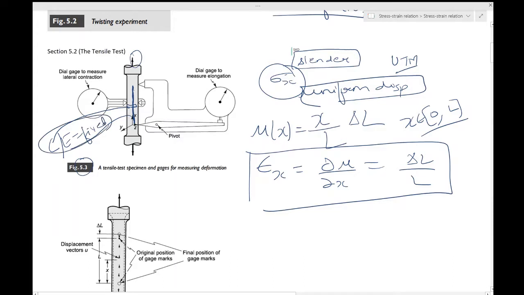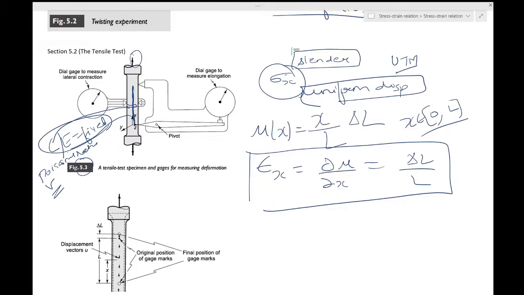The ratio between this contraction and this extension is fixed for a material. Okay, and this is called the Poisson's ratio, shown by this symbol nu. This is again specific for the material.